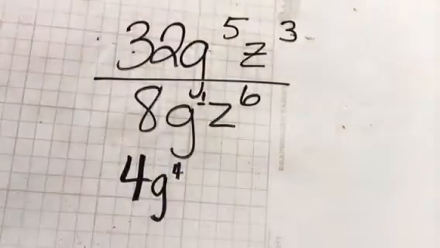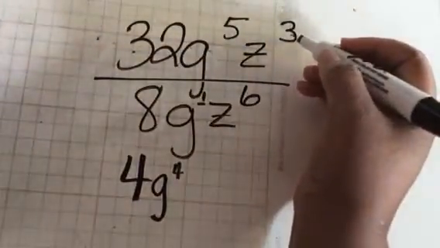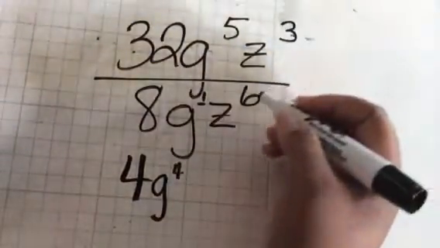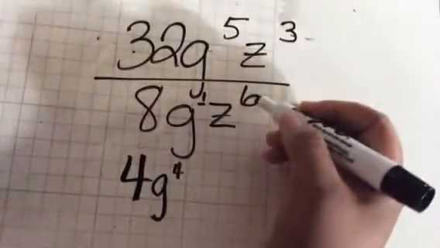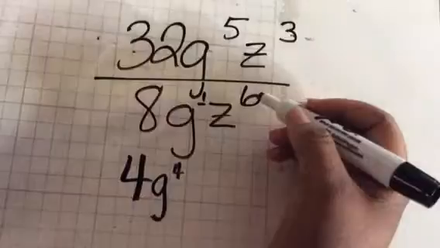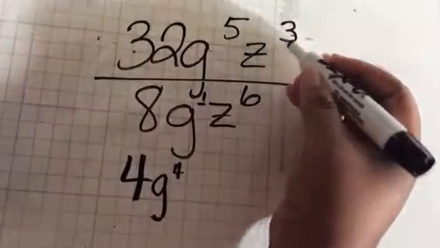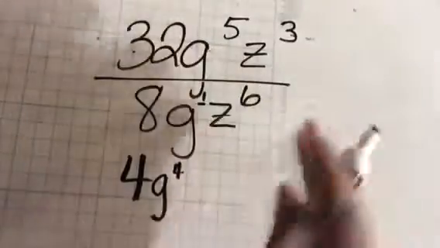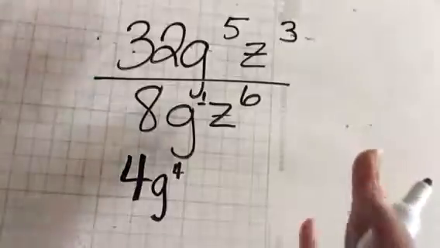But look at our z's. This is 3 up here, and 6 down here. So we're going to subtract. And remember, when you subtract a bigger number from a smaller number, yeah, you're still subtracting, but it's going to be negative.